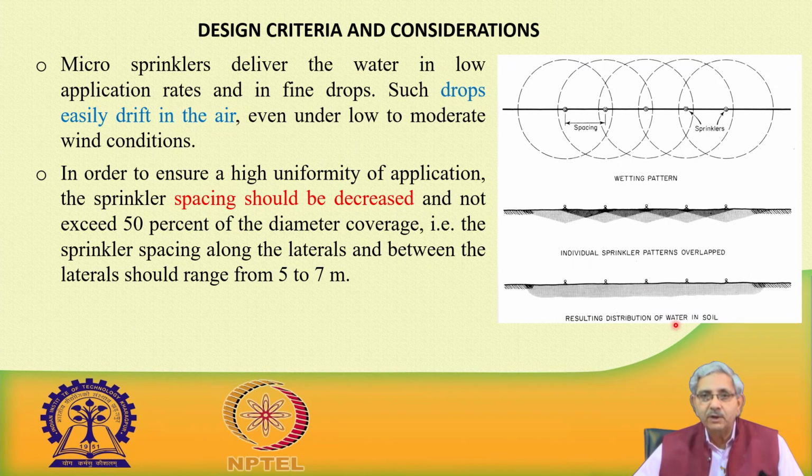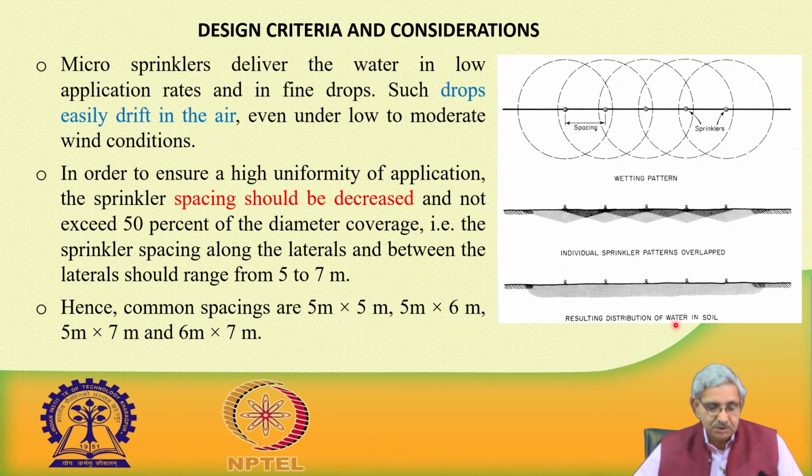This is the requirement for getting very good, higher application efficiency. Hence, the common spacing is 5 meter by 5 meter, or 5 meter by 6 meter, depending on the particular type of emitter and its wetting diameter.